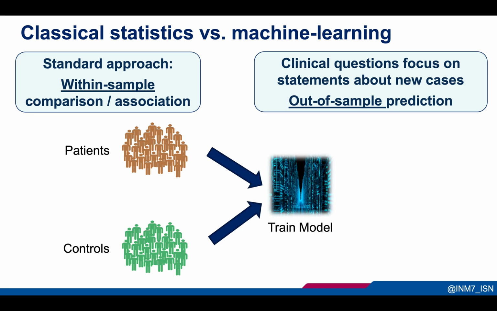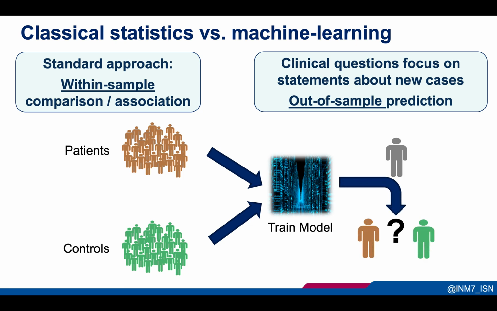Hence, the overarching theme of my presentation, my research, and I think also the field as a whole, is to move away from within-sample associative biomarkers towards machine learning based predictors that train a model on existing data and then evaluate it for its capability to make statements about new subjects that the model has not seen before. This talk will roughly be structured in two parts.